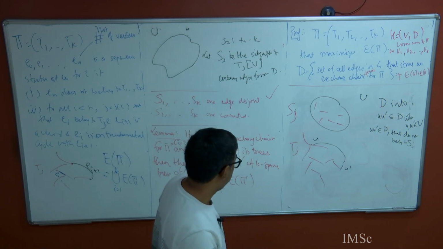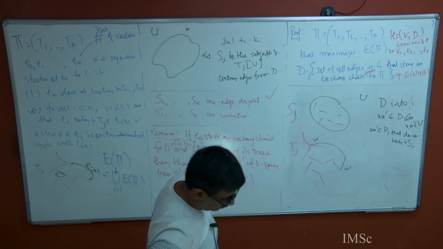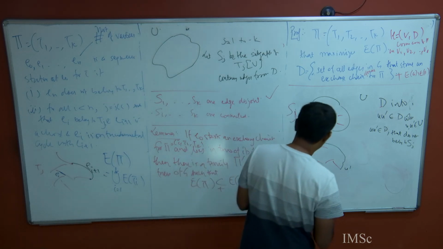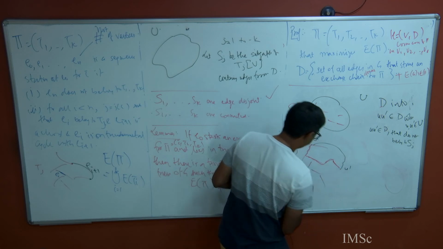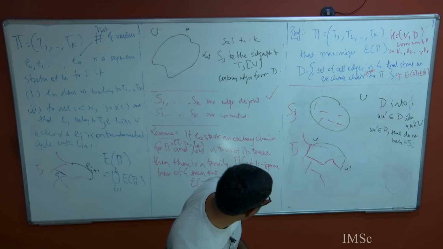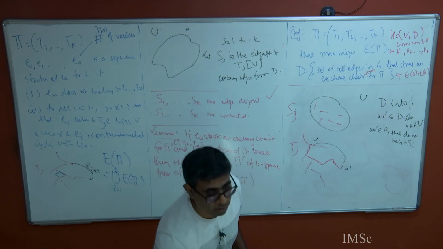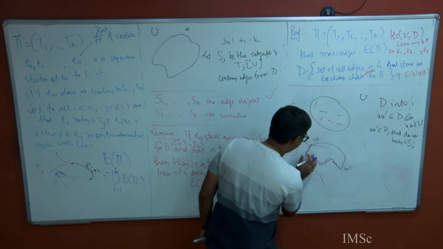Okay. Now what happens? Look at this path. If I show to you that on this path all the edges belong to D, then are we good?